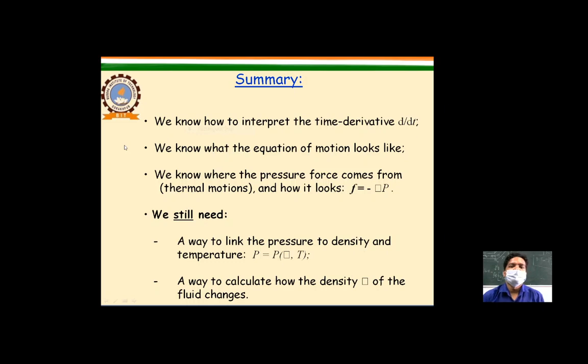Finally, the summary is achieved, but you have to know what you have to find at this point: a way to link the pressure to density and temperature, and a way to calculate how the density of the fluid changes.